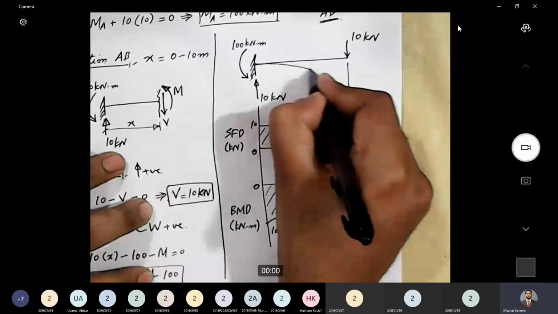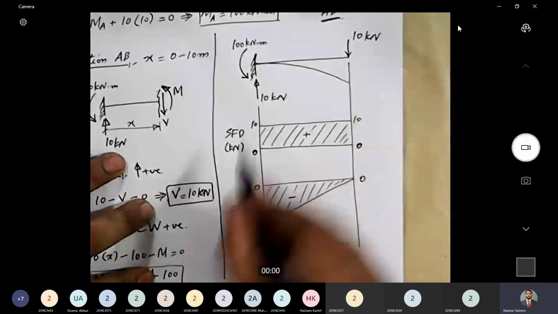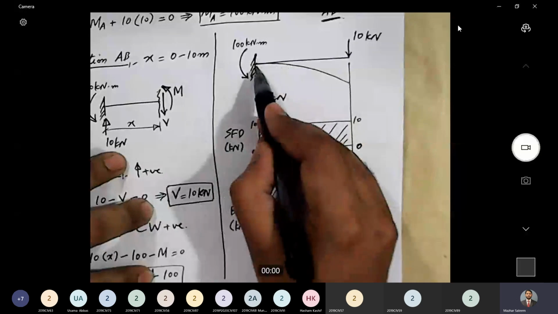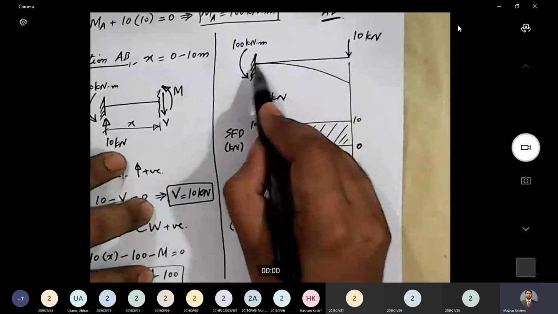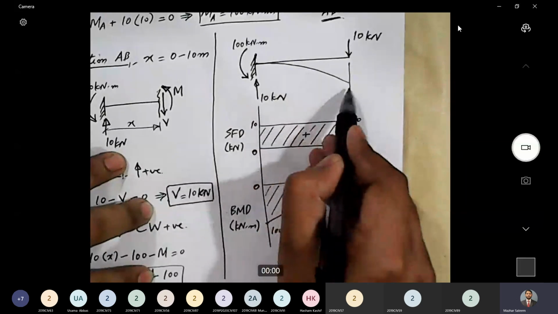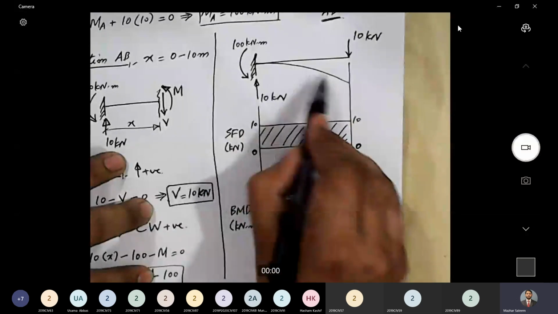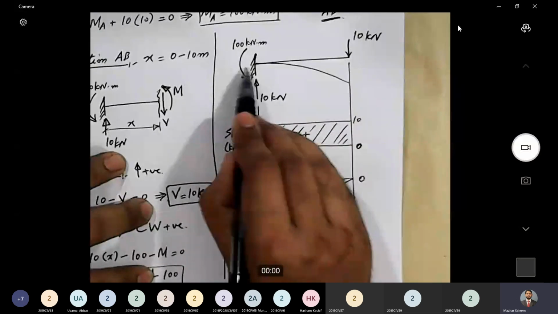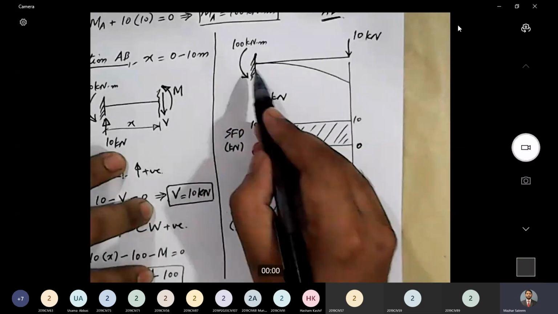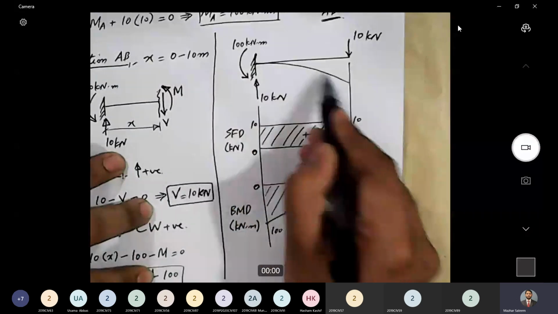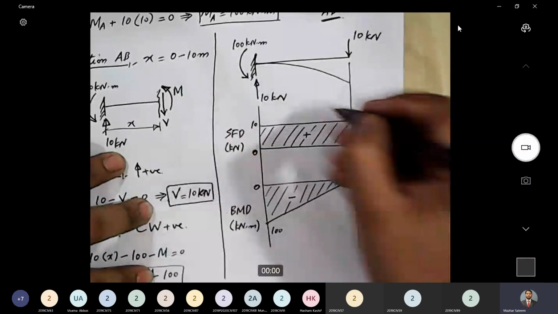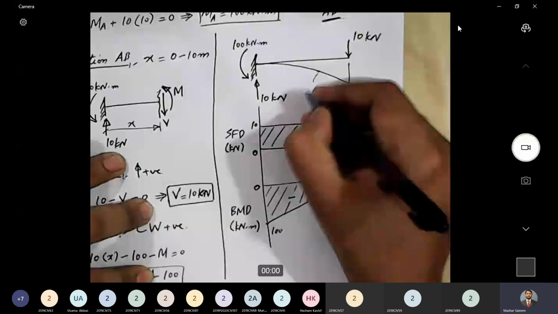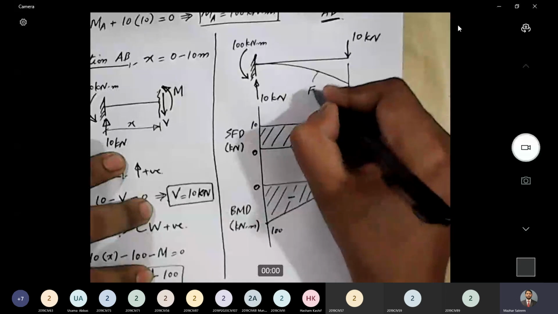And after some distance from the support, the beam will start rotating and it will be hogging. If you look at the curvature of this beam, this is hogging down. Okay, so this is the elastic curve of the beam.